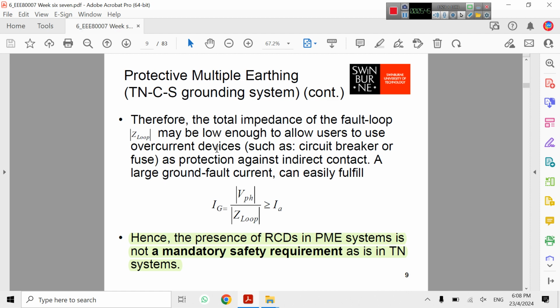To protect against indirect contact, a large ground fault current can easily fulfill this formula. We saw this formula before.